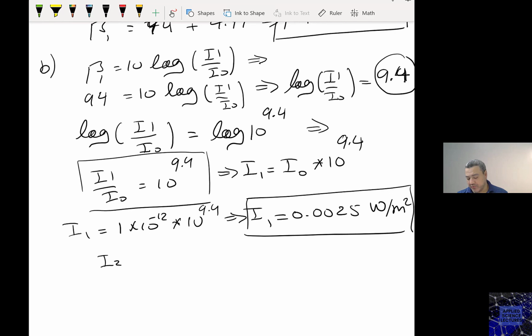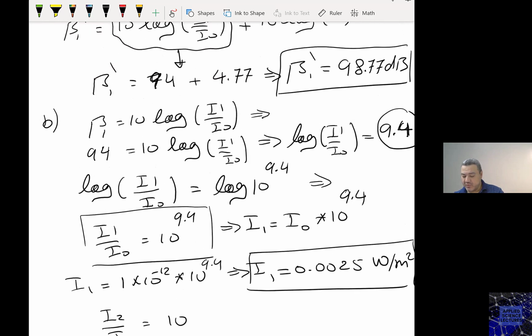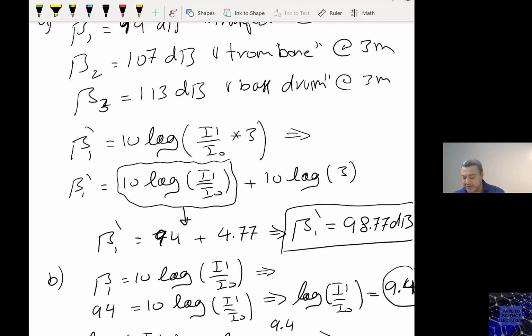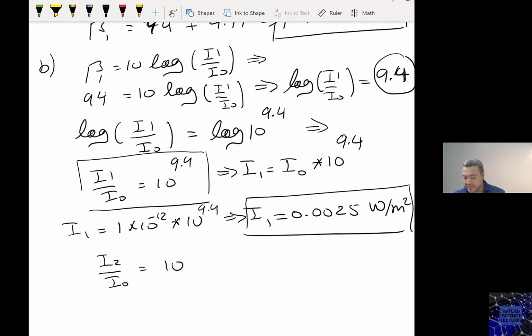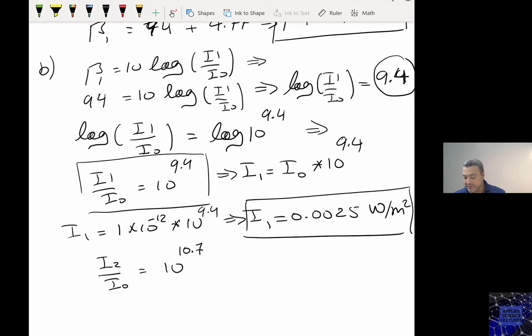If I want to get I2, it would be the same. Then I know I2 over I0 equals 10 to the power 10.7, the same thing, and then I2 would be 0.05 watts per meter squared.